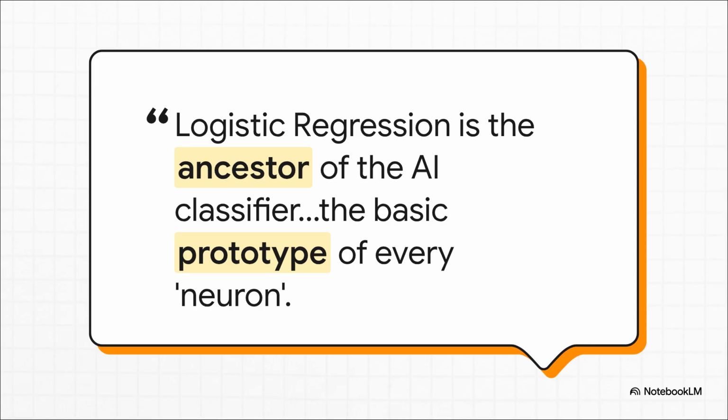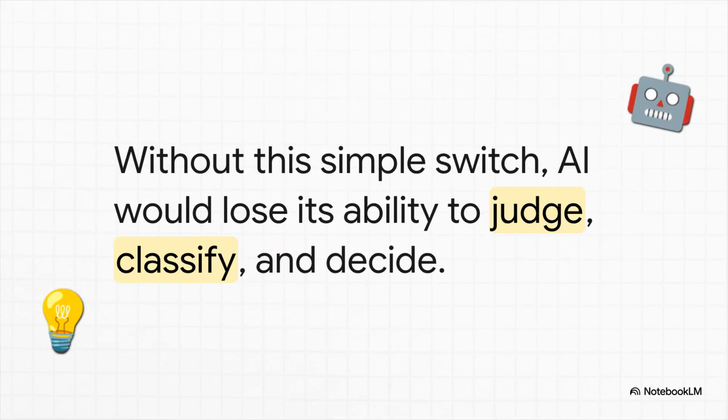The giant neural networks that run our world, they're really just thousands or even millions of these simple logistic regression units, all wired together, with each one making its own tiny yes or no judgment. Seriously, without this basic ability to take in a bunch of information and sort it into one of two buckets, a huge part of what we call AI would just stop working. It really is like the atom of AI decision-making.